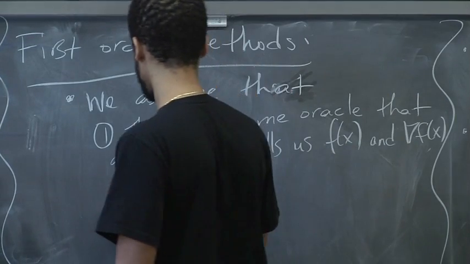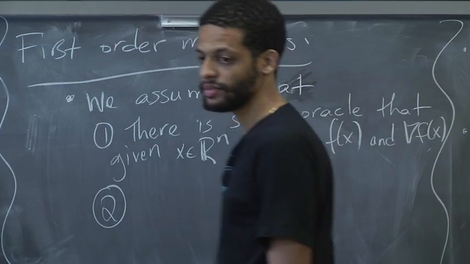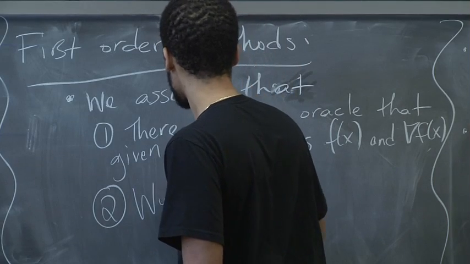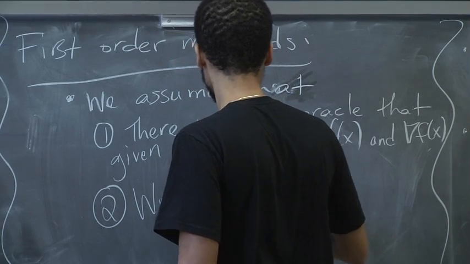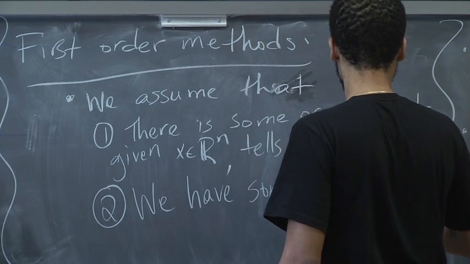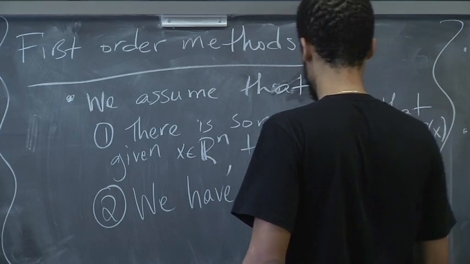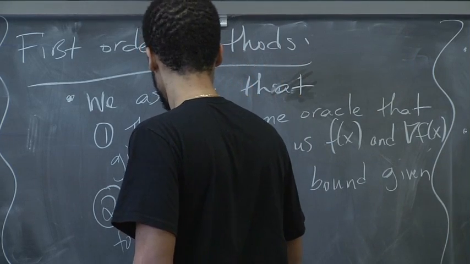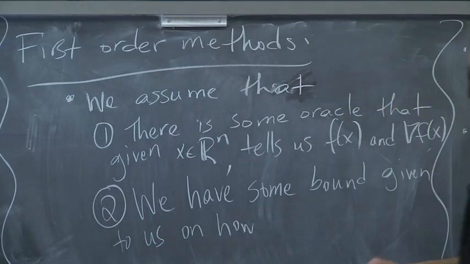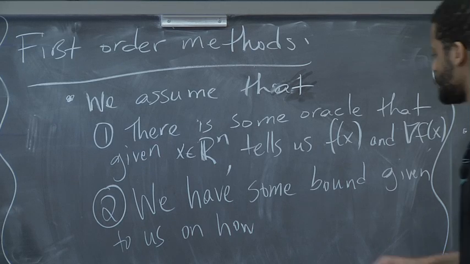Second, we have some bound given to us on how the Hessian of f can behave.